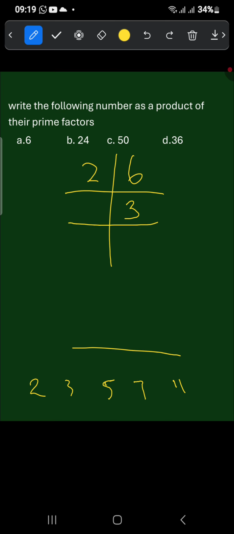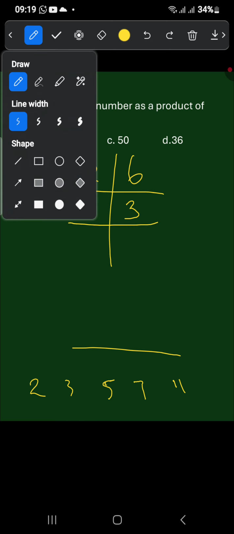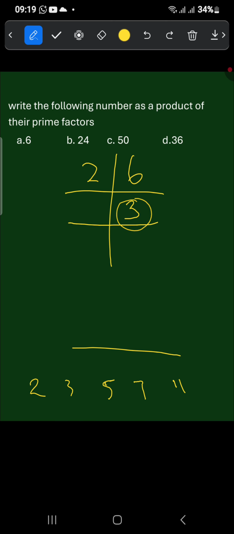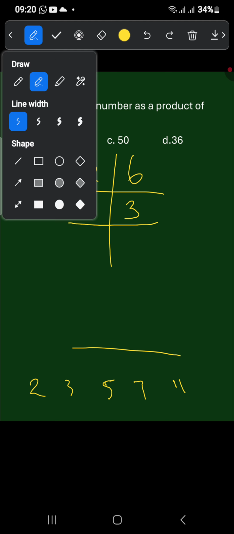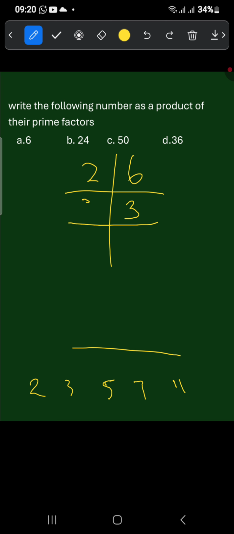Then we look for a number that can go into 3 now. That number is 3 itself. Okay. It's 3 itself.